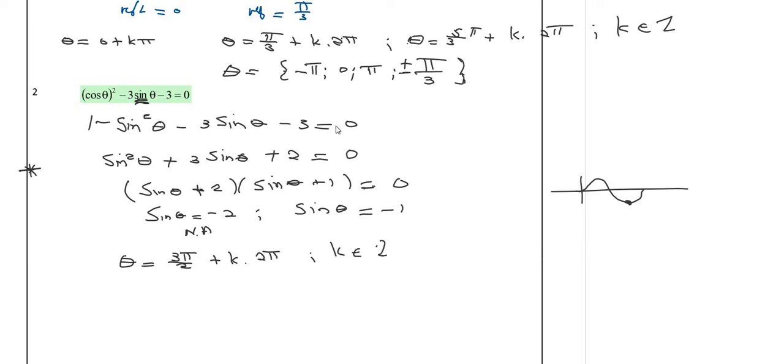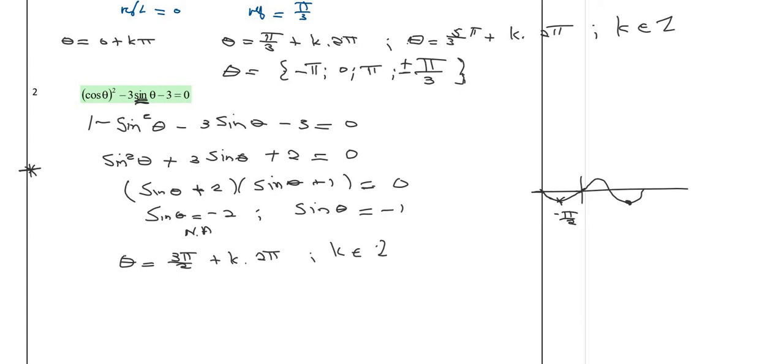But I need to give my answers between minus pi and pi. Now remember, if I go on here, okay, that is going to be minus pi over 2. So that looks like the only answer I'm going to have.